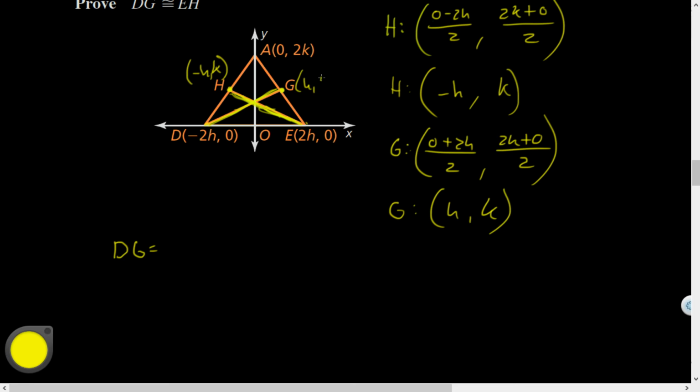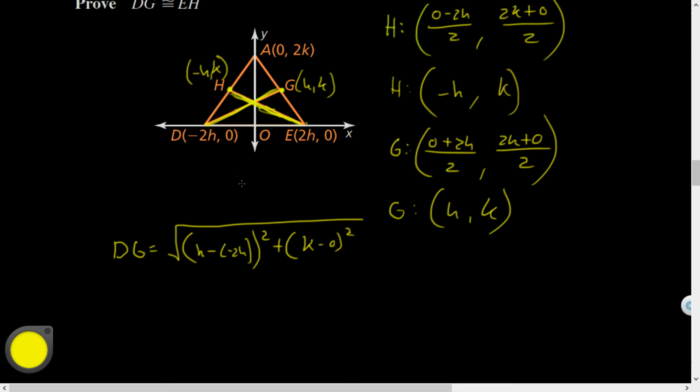Yeah, we've got h comma k there. There we go. So the distance formula for those two, here we go. This is lovely, lovely. All right, it's going to be h minus negative 2h all squared plus k minus 0 all squared.